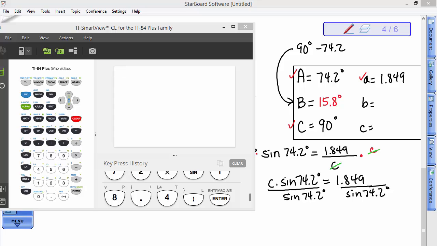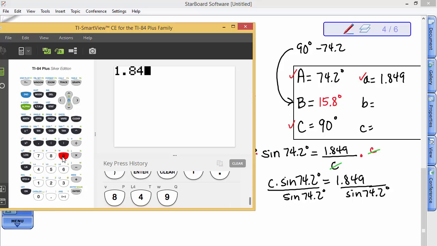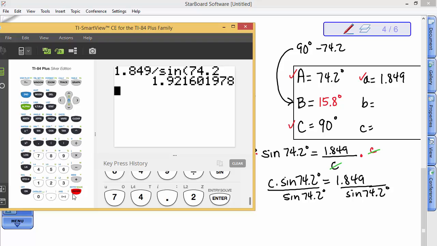I'm going to snag my calculator. Okay, I need to type 1.849 divided by the sine of 74.2. And that will give me my solution for side C. So side C right here is 1.922, I think I'm going to call it. See these 4 significant digits?